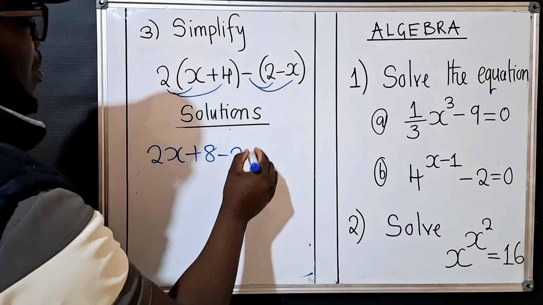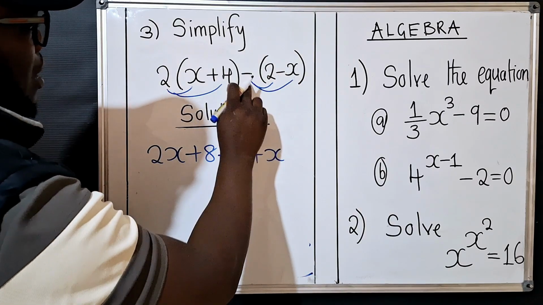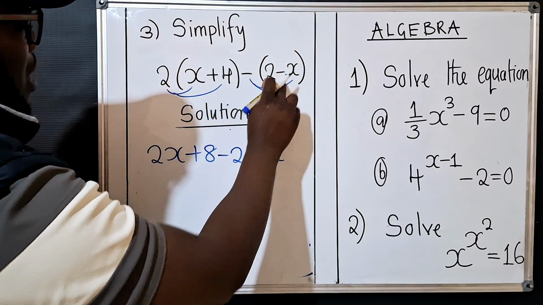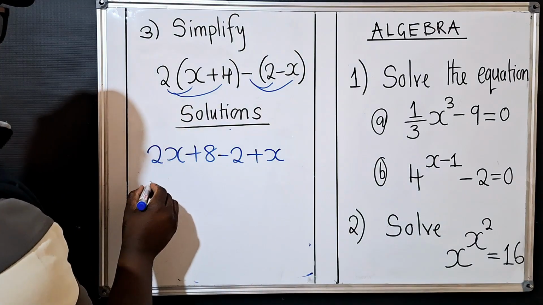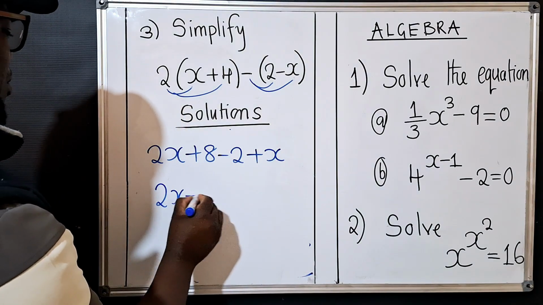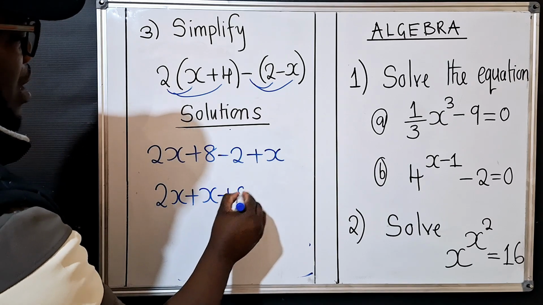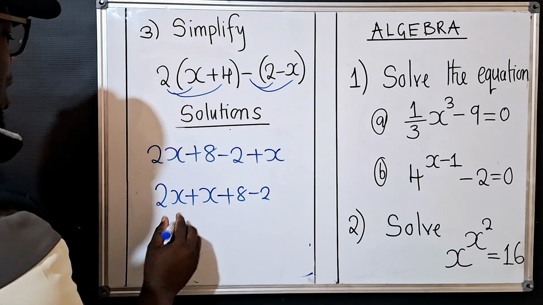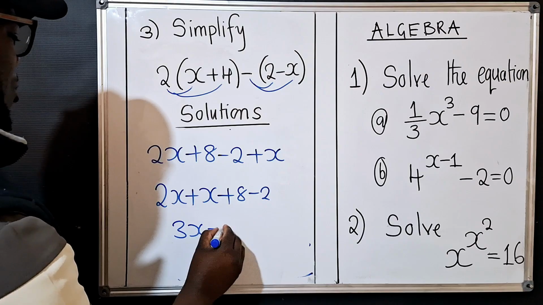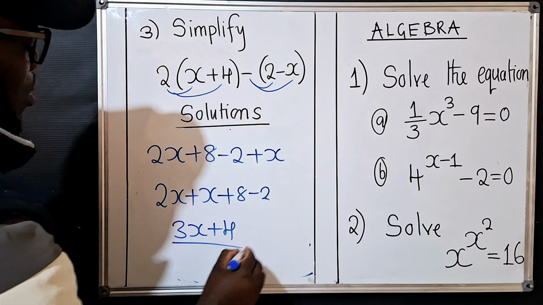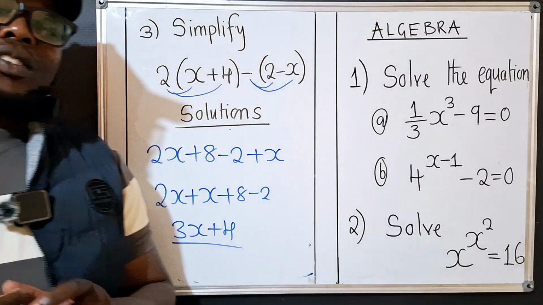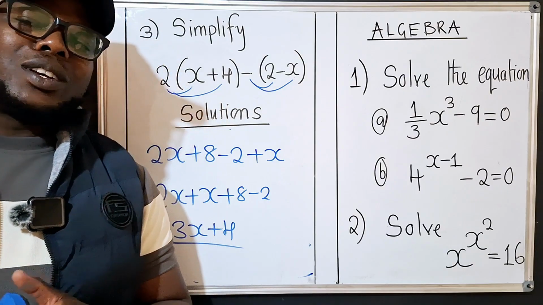Negative times negative x, it's positive x. Remember, negative times negative must give us a positive. We now group the like terms. This will move with this, plus 8 minus 2. Here, we are getting 3x plus 4 as our answer. So this is how you get to answer these questions.